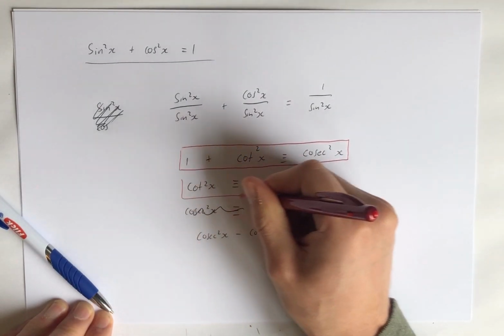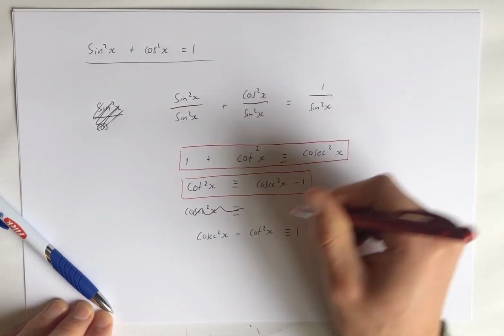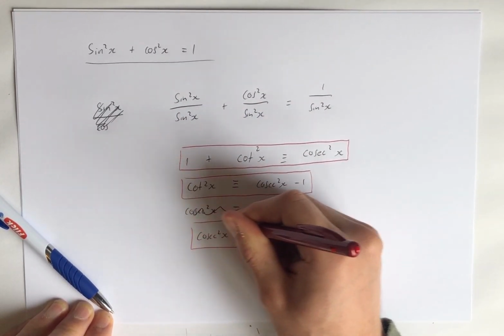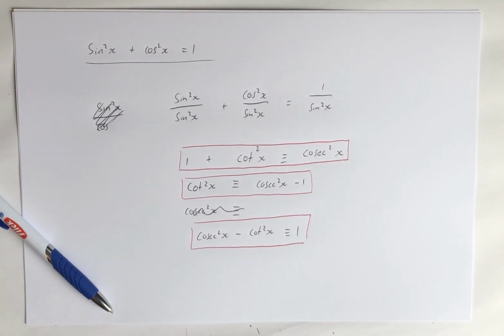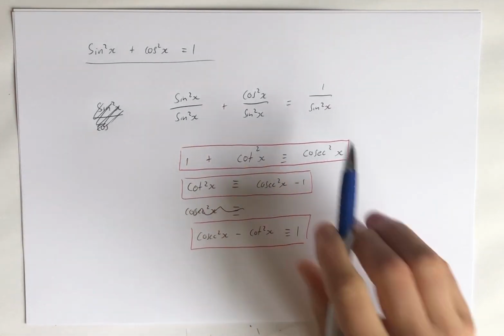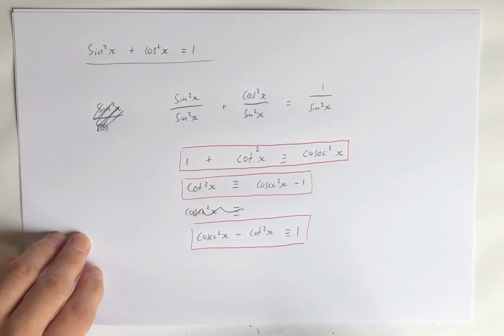So these are all the same, but in your formula sheet for exams, you'll get given all 3. Awesome. So we divide by sine squared x, so you might want to copy those ones down.